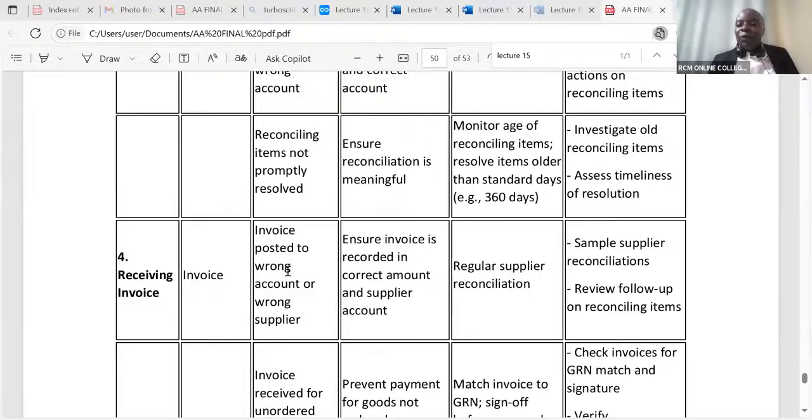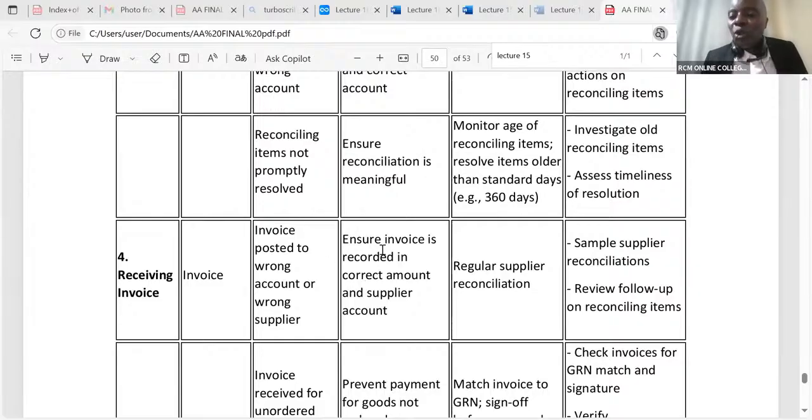So if we have controls, what will be the objective? Now you speak on this. The objective will be to ensure that the invoice is recorded in the correct amount and supplier account. All right, ladies and gentlemen, from there, what controls will you be able to put as an accountant to ensure that this is done correctly? This involves amounts.